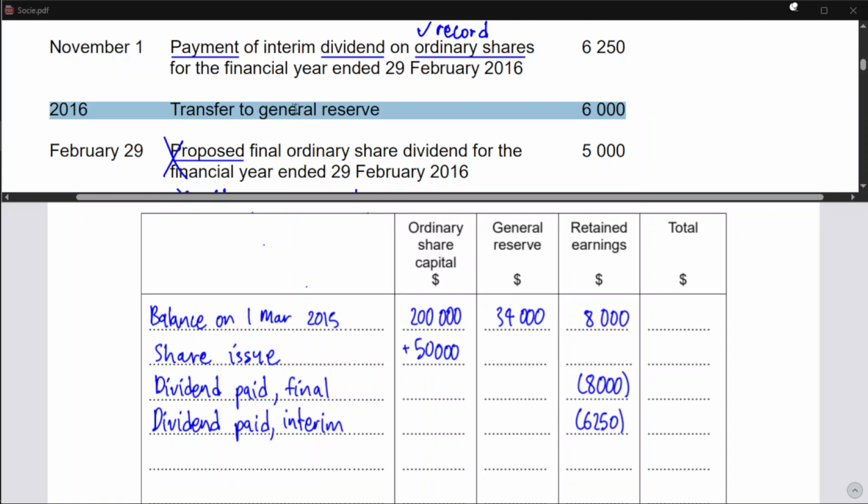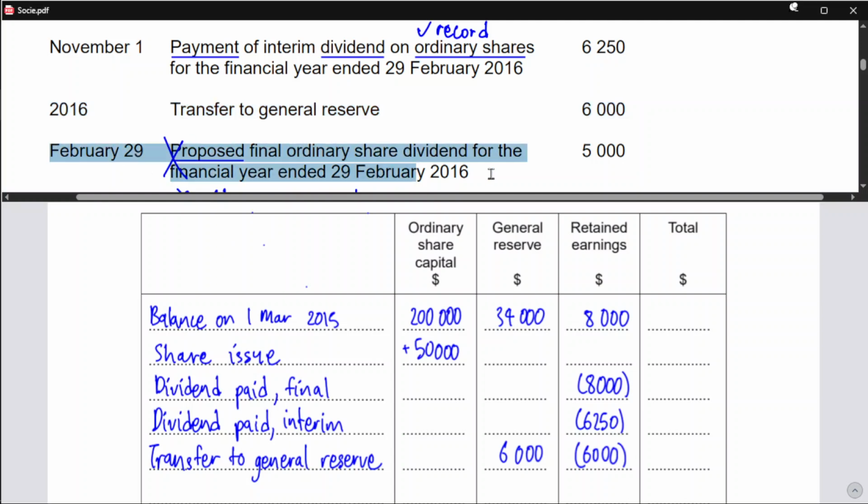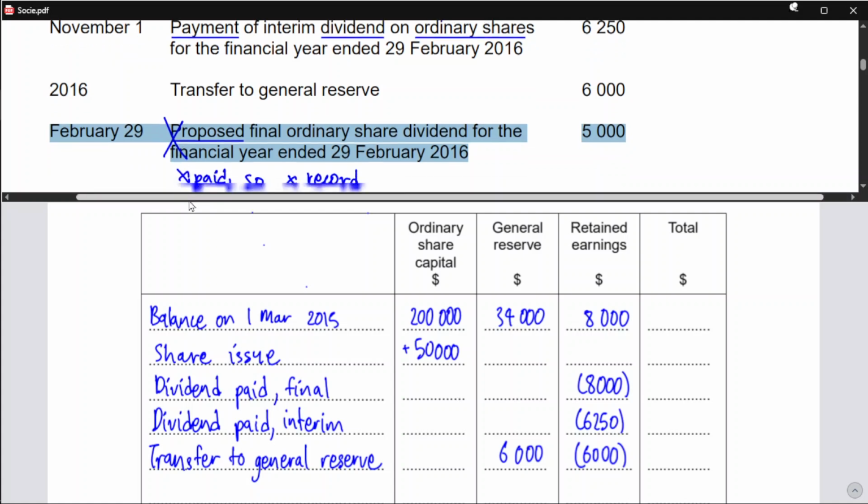So transfer to general reserve, 6K. General reserve 6K, picked up from the retained earning. Then this one, ignore.